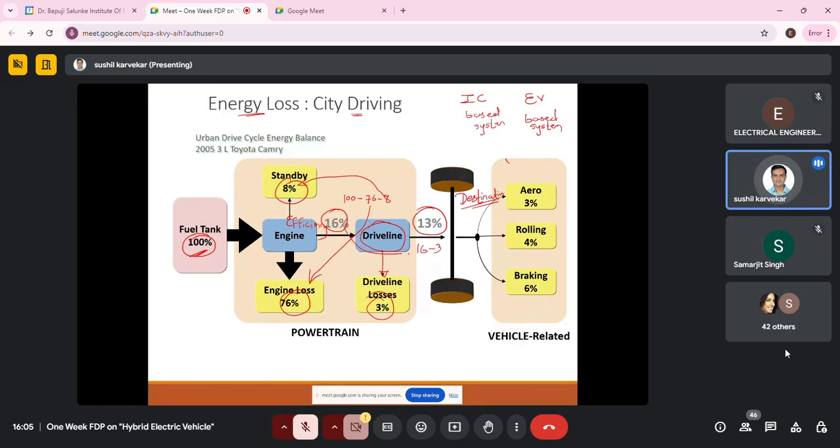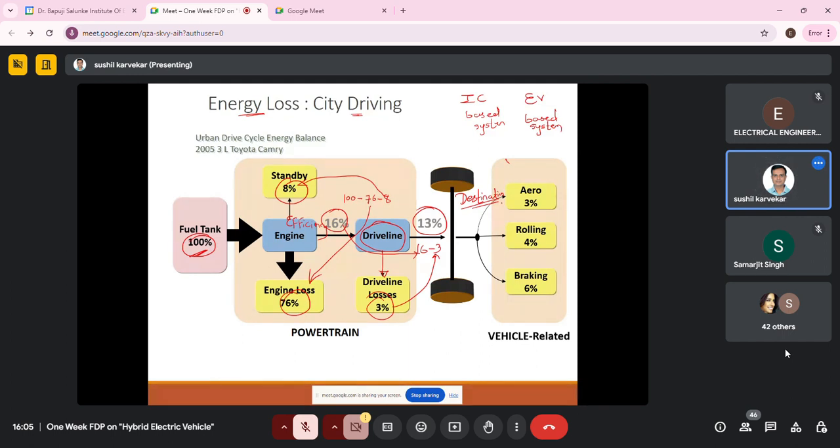This 16 is coming from over here, and this 3 is coming from the driveline losses. So the fuel tank, if it is 100%, 76% are lost inside the engine, 8% are in the standby. So effectively we get 16%, again 3% are lost in the driveline. So effectively we get 13.